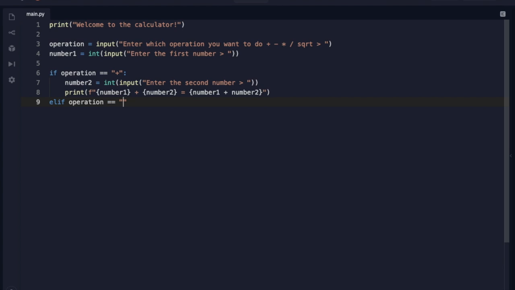And yeah, basically the same thing, but we're going to do the other operation, which is minus. Number 2 is going to be equal to input, "Enter the second number," same symbol. Then we're going to print and then make an F string, which is going to say number 1 minus.